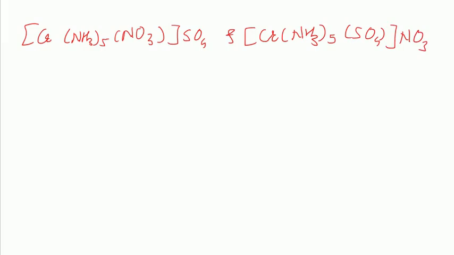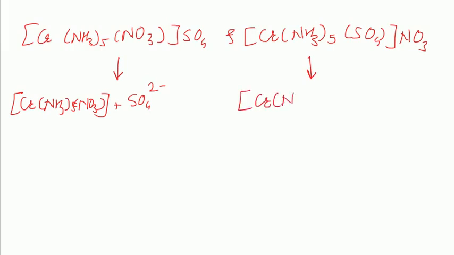The ionization isomer after dissolution in solvent will give the sulfate ion and the complex ion, that is [Cr(NH3)5NO3]2+, while the second complex after dissolving in solvent gives different ions in the solution, [Cr(NH3)5SO4]+ and NO3 minus.